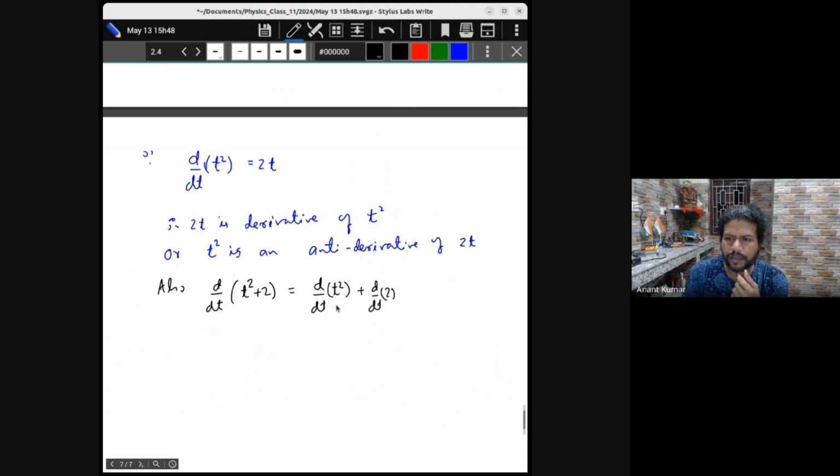The right part is 0 because it's a constant. So I end up getting d by dt of t square, which is nothing but 2t. This means that t square plus 2 is also an antiderivative of 2t, because differentiating it gives 2t.